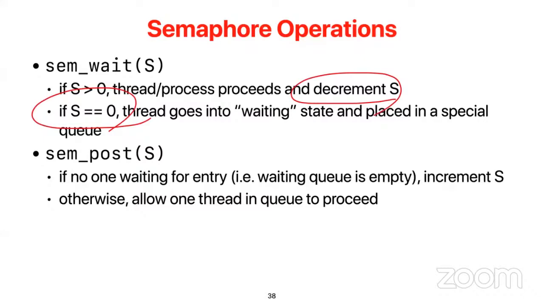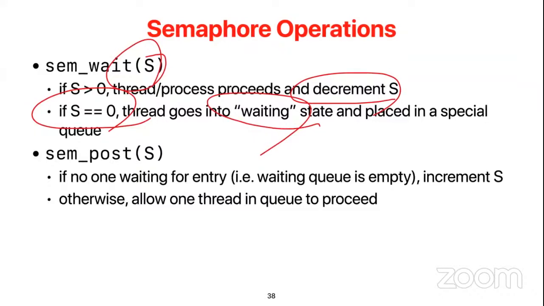However, instead of having everyone spin lock on the S, the semaphore implementation actually puts everyone in a wait list. So this is something interesting, right? It just happened to me. I think I told you guys on Tuesday that I keep checking the Riverside University Systems website saying, hey, when can I get a vaccine?